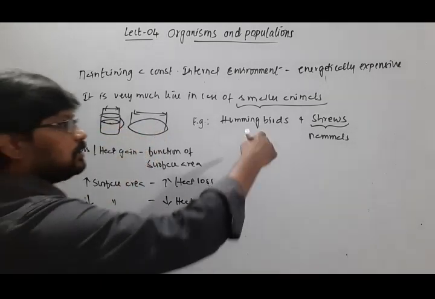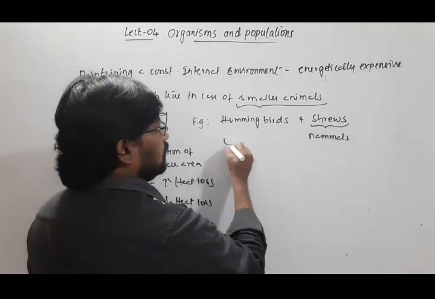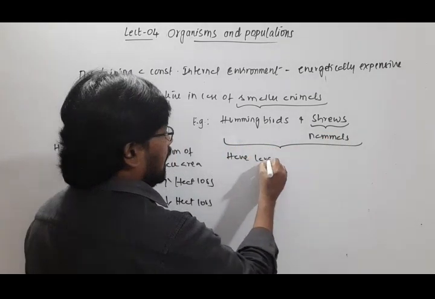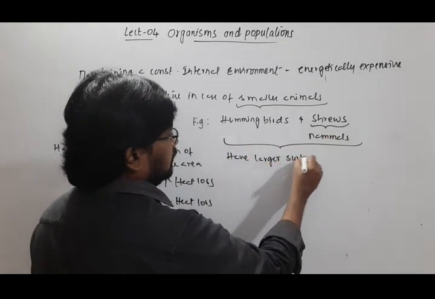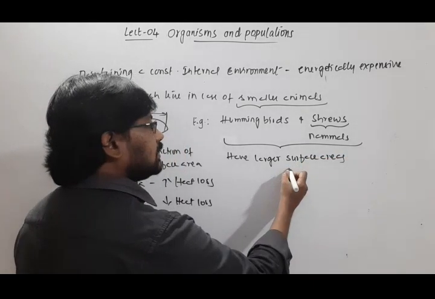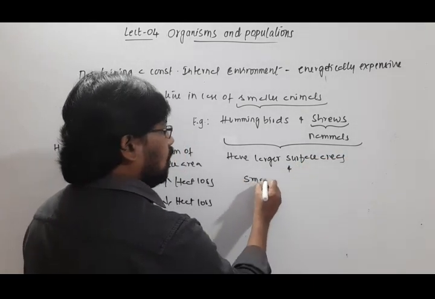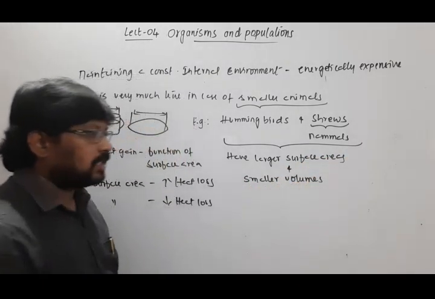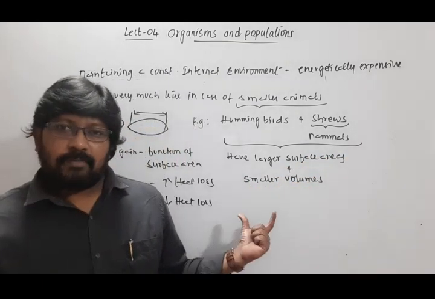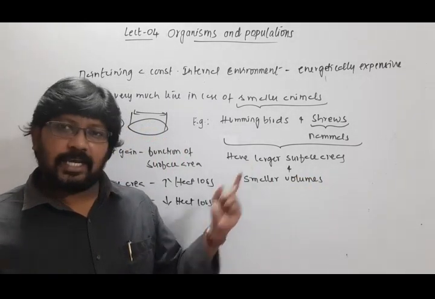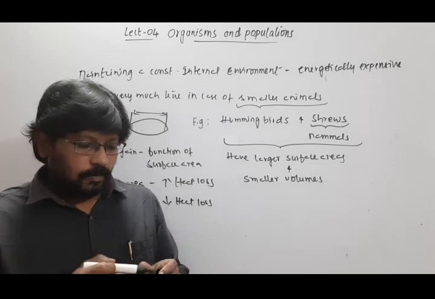Now in these smaller animals, the problem is that they have larger surface areas and smaller volumes. Compared with their body volume, they have a very large surface area.